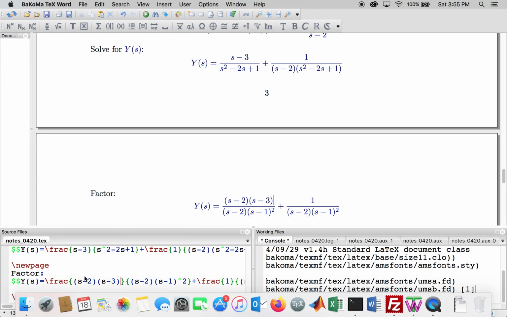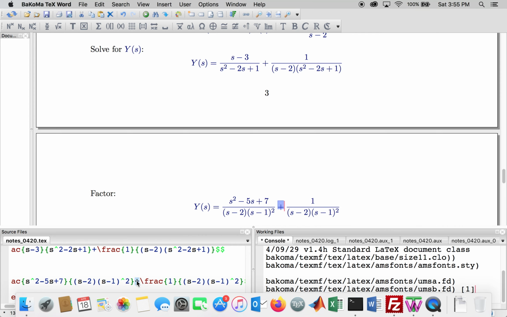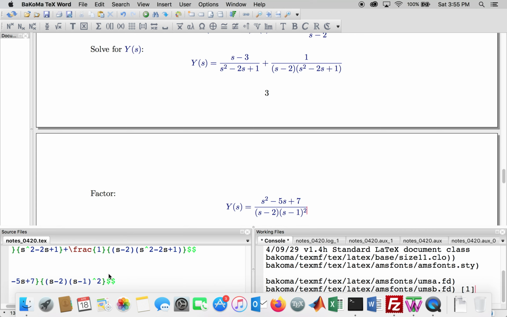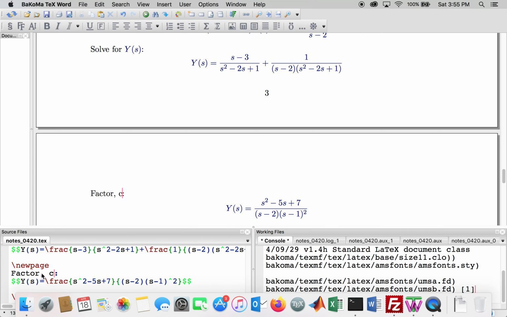This is going to be s squared minus 5s plus 6. All right, and now I have a common denominator, so I can add on the plus 1. So I have 7, and then I can just get rid of this fraction here.